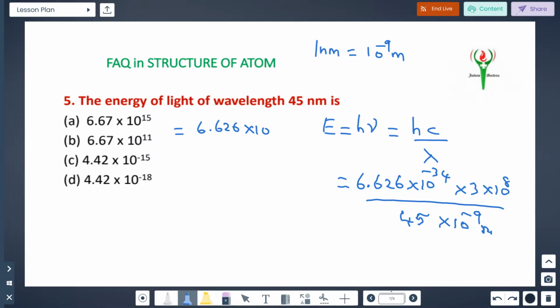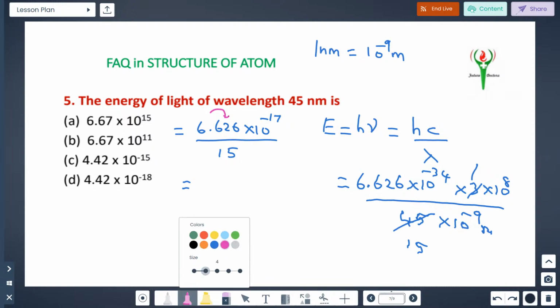Minus 34 plus 17 is considered as minus 17. Okay. Then this also cancels one time; this is 15. By 15, understood? Okay. Then when one decimal goes to the right hand side, this also will become minus 17, because minus 18, understood?